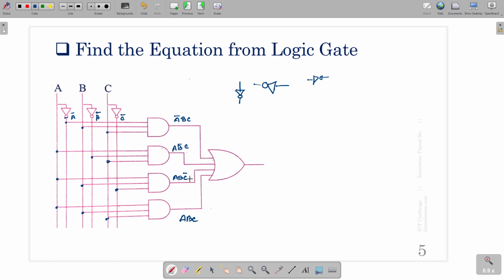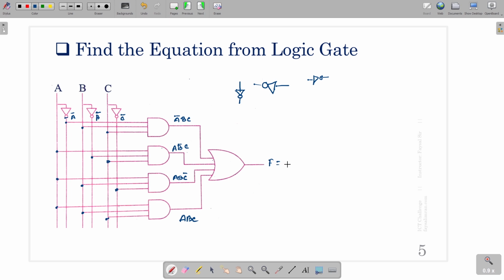So after that we have to pass the value to an OR logic gate, and an OR logic gate must add those values. So the input is A bar B C. So we write here F, or whatever the equation or symbol is.